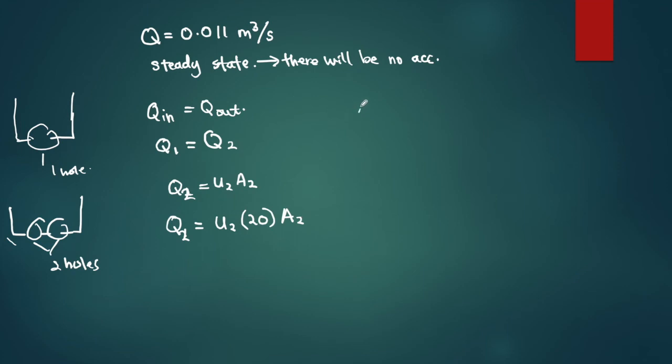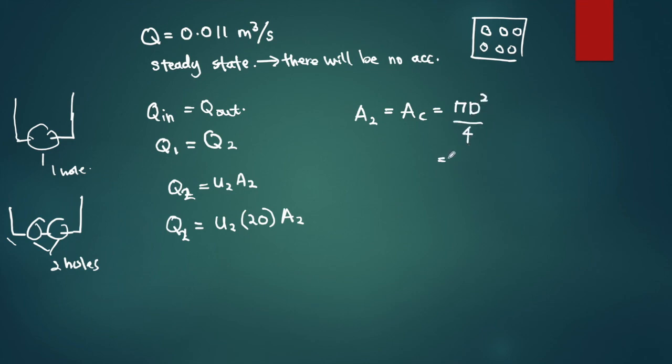Now we find A2. A2 is a cross-sectional area. If we take a look at the bottom, the holes are in circular shape. So we will use this equation, pi d squared over 4. Substitute pi, the diameter of the holes is 10 mm, so 10 times 10 to the power of minus 3 meter, squared, over 4.